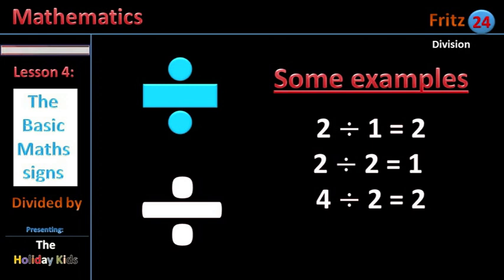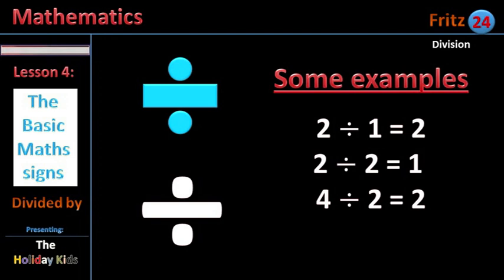We will focus so much on this in volume 2 of the CD. 2 divided by 1 is equal to 2. If you give 2 things to one person, the person will have 2 things.